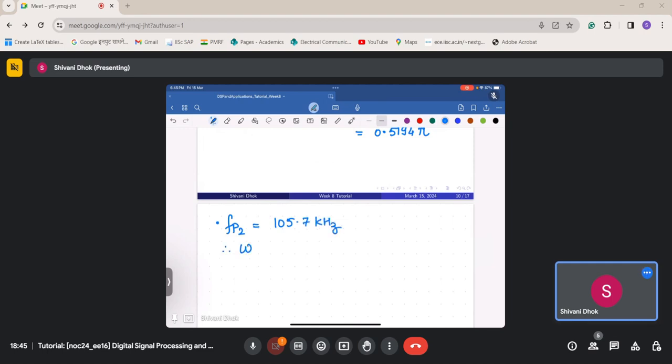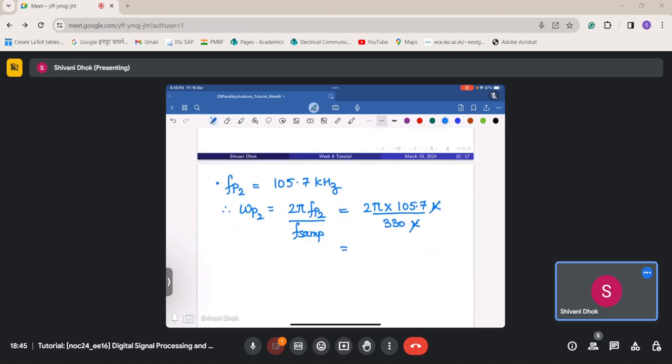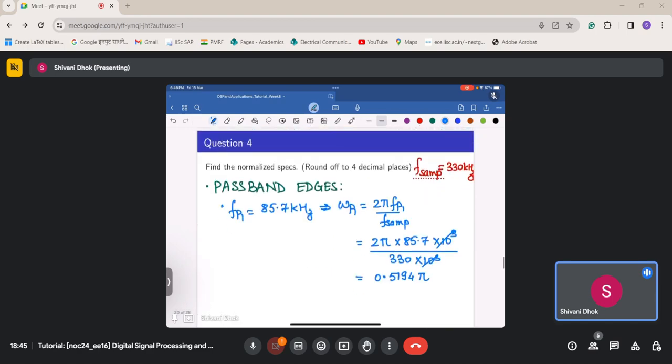Therefore, omega P2 is equal to 2 pi FP2 upon F-SAM, which comes out to be 2 pi into 105.7 upon the sampling frequency of 330 kilohertz. This thing gets cancelled, so what is left with us is 0.6406 pi. Okay, so this we have for the passband edges.